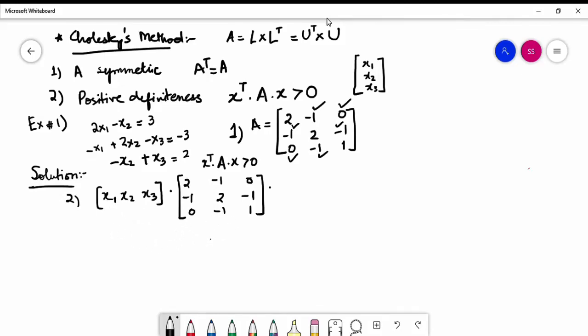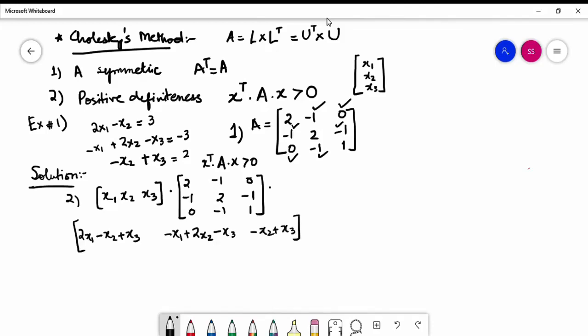First row and first column gives the first element of the result. So 2x1 minus x2 plus x3 is the first element of this row vector. Then the first row with the second column gives minus x1 plus 2x2 minus x3, and then with the third column it gives minus x2 plus x3.